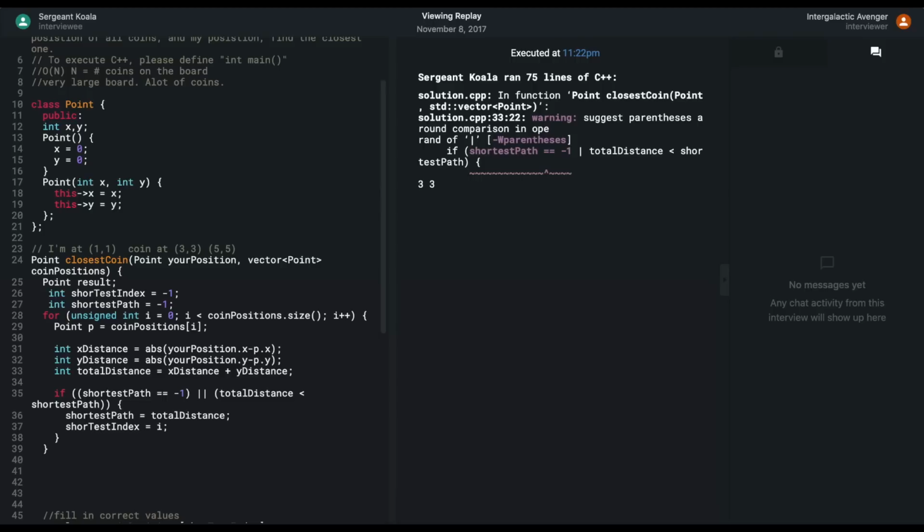Which one of those is going to be better for a really large board with very few coins? Okay, what do I know about the positions of the coins? Do I have any idea where they're located relative to me? No, you just know it's a big board and there are a few coins. Okay, I'm going to assume the coins are on average maybe halfway across the board away from me, maybe a little farther because there are so few of them.